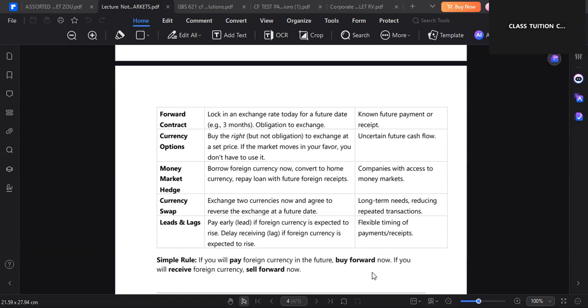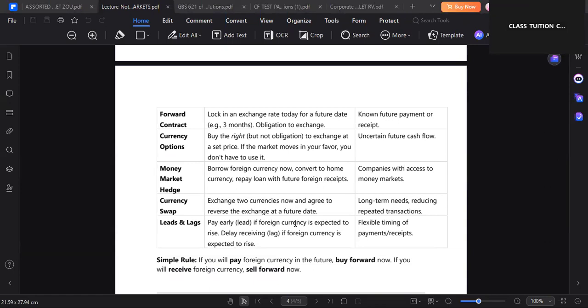Then you have the fourth method, which is called a currency swap. It's simply an exchange of two currencies between two parties. You agree to reverse the exchange at a future date. It's very common for companies that have long cash flows in foreign currencies. Then we have what are called leads and lags. This is a very simple strategy.